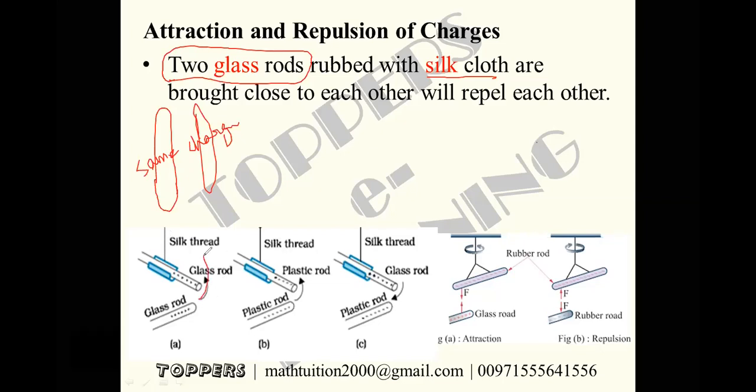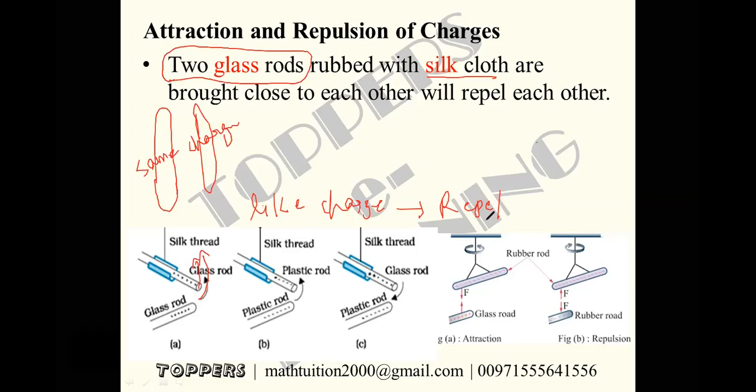It will go away. It is repelled. When this is brought near this one, this is going away. It means it is repelling. So experimentally we can conclude that like charges will repel.